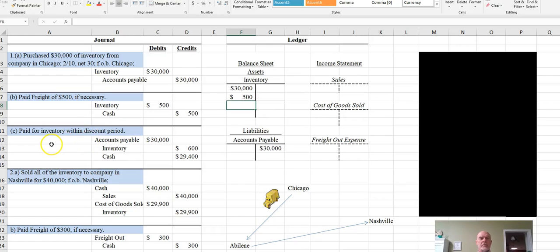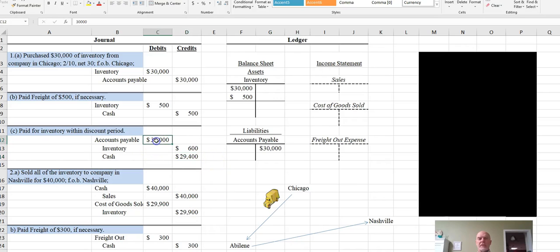And we also paid within the discount period. The discount period was 10 days. We had a 2% discount. 2% of $30,000 is $600, so we're going to pay $29,400. Write a check to the vendor for $29,400.